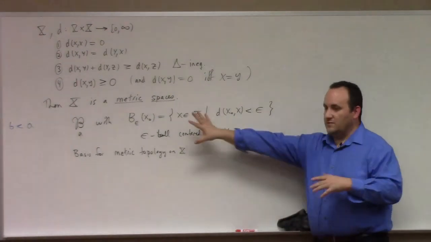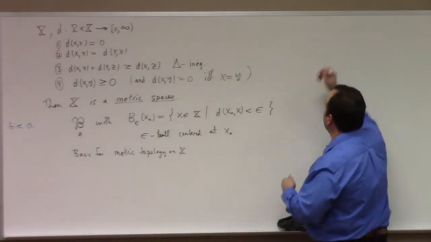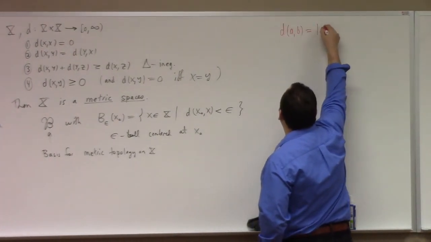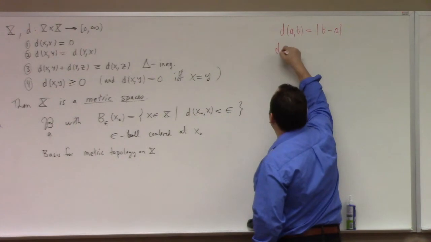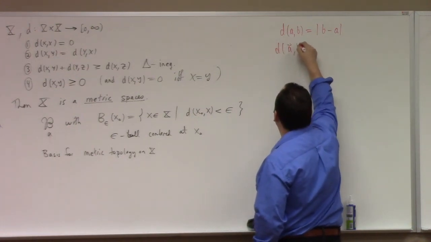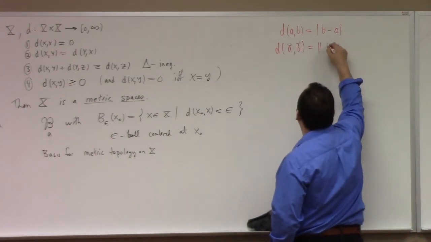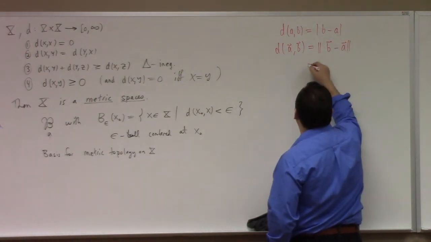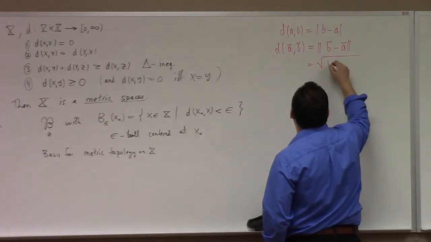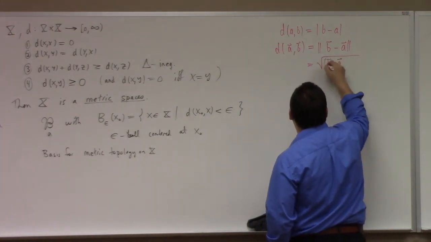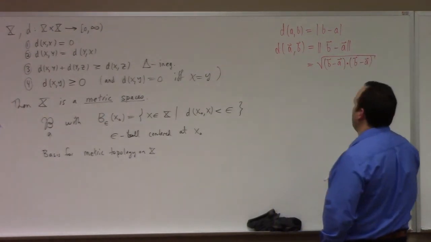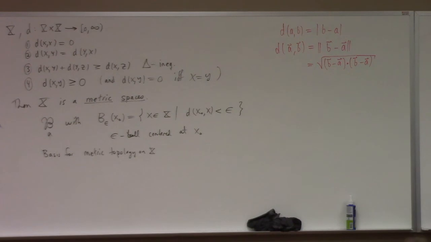If we use absolute value, a special case of course, the distance between two numbers A and B is the absolute value of B minus A. The distance between two vectors is the norm of B minus A, or if you like, the square root of B minus A dot B minus A. Anyway, that's the length of the vector connecting the two points, the length of the displacement vector from A to B. That's the distance function in Rn.